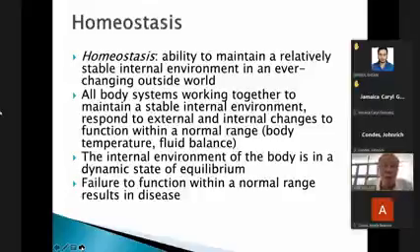Therefore, the internal environment of the body is a dynamic state of equilibrium. When you say dynamic, that refers to the interaction of the cell with the outside of itself. We use the word dynamic because there is some form of movement of ions going inside and ions going outside, and so on. Failure to maintain within the normal range will result in disease.